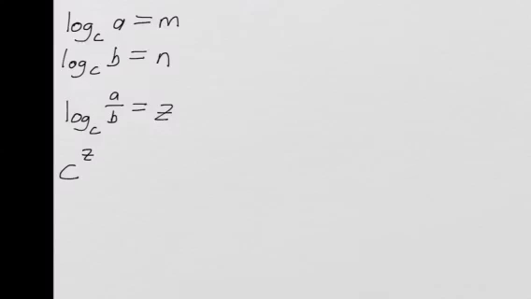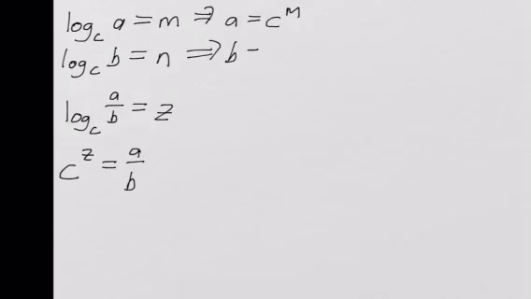So c to the z is equal to a over b. And we have the same thing as last time, that a equals c to the m, and b equals c to the n. So we can put that in here. C to the z equals c to the m over c to the n, which implies c to the z equals c to the m minus n.